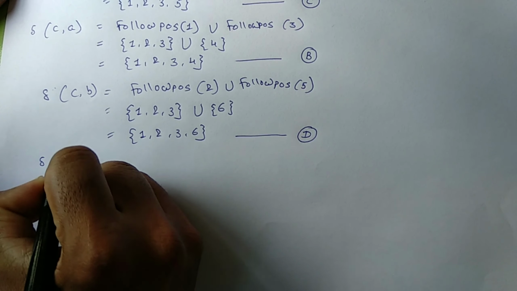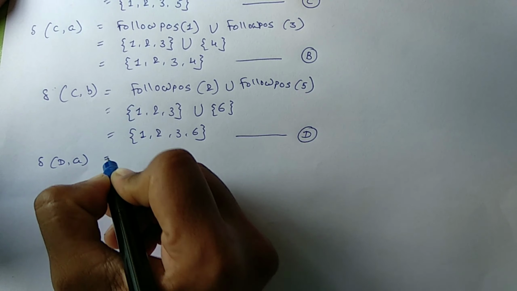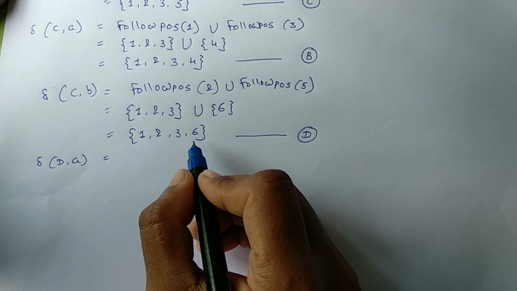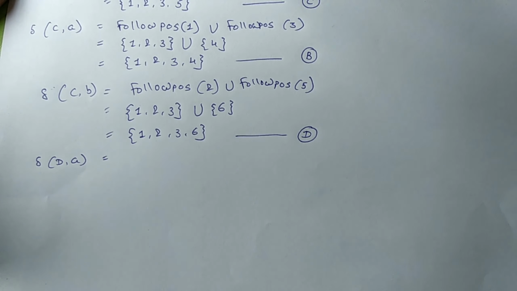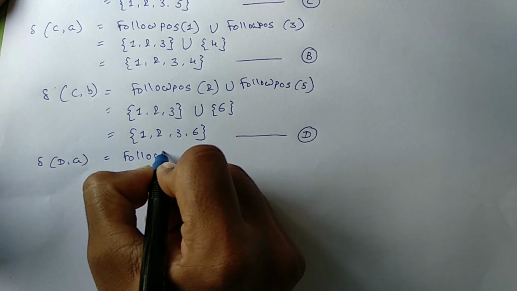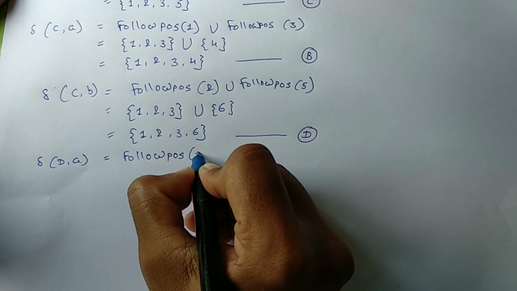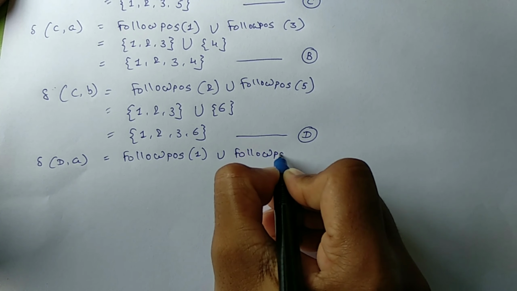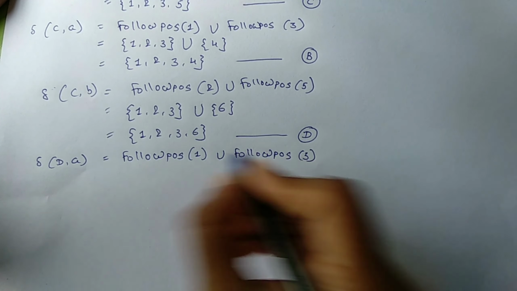Now find delta D to A. D is 1 2 3 6. So at position 1 and 3 you have A. So find follow position of 1 union follow position of 3.